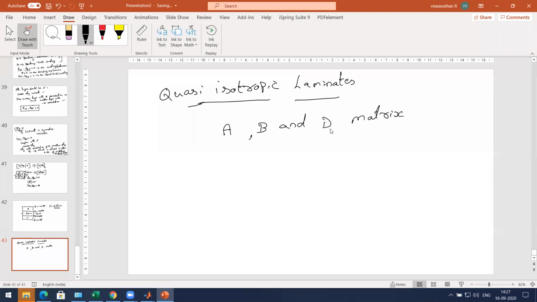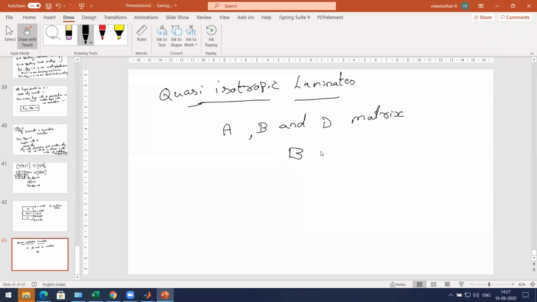Now, is this A, B, and D only applicable for composites, or is it there for isotropic materials as well? Can you write the ABD matrix for an isotropic material? What will be the B matrix for an isotropic material?